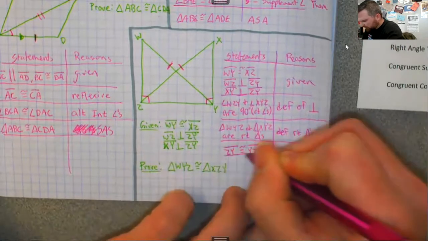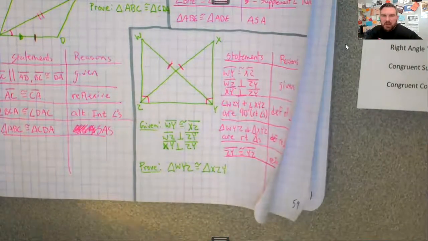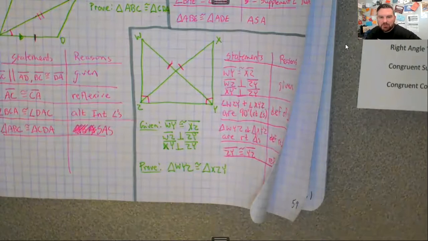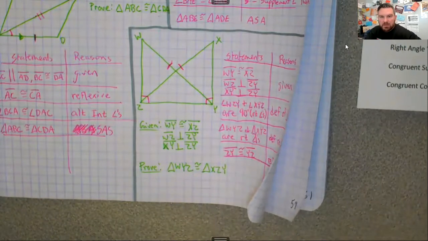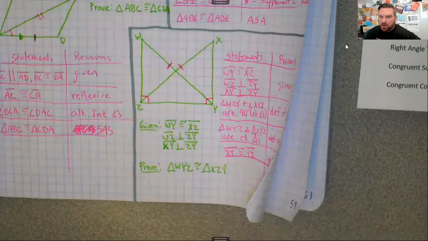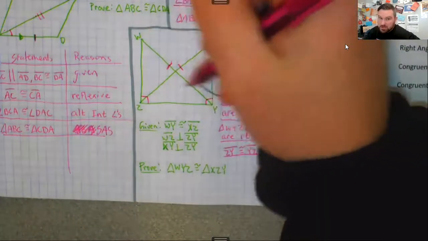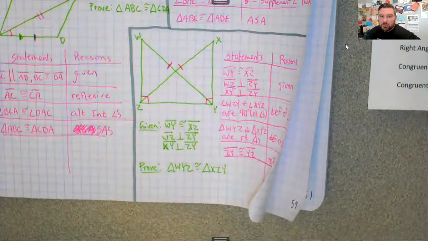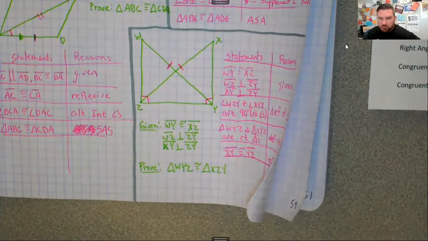Just like with the angles, when we did the angle hopping stuff and proving angles congruent, we used a lot of transitive property. With proving triangles congruent, I'm not going to say every time you're going to use the reflexive property, but if your triangles are touching on a side, then you're going to use the reflexive property.